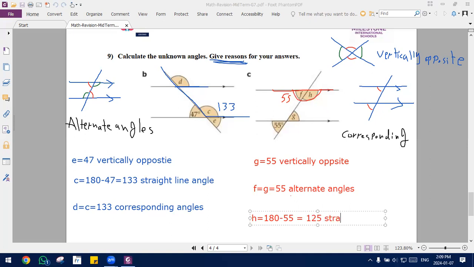Why? Because it's a straight line angle. So it's very simple. We find the value and then we give the reason why. So please memorize alternate angles, corresponding angles, vertically opposite, and the ones that we mentioned: straight line, circle, and right angle.